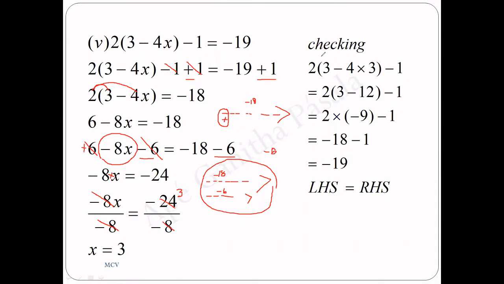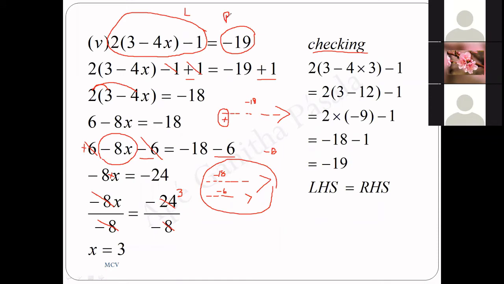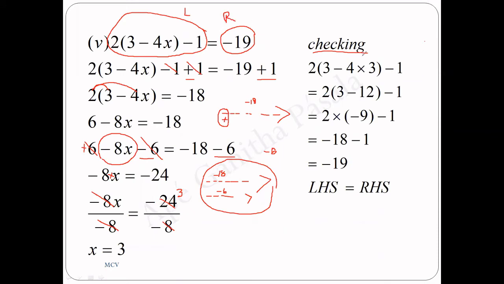Now, let's check the solution. Checking. This is the left hand side of the equation. This is the right hand side of the equation. You have to check whether left and right are equal or not.